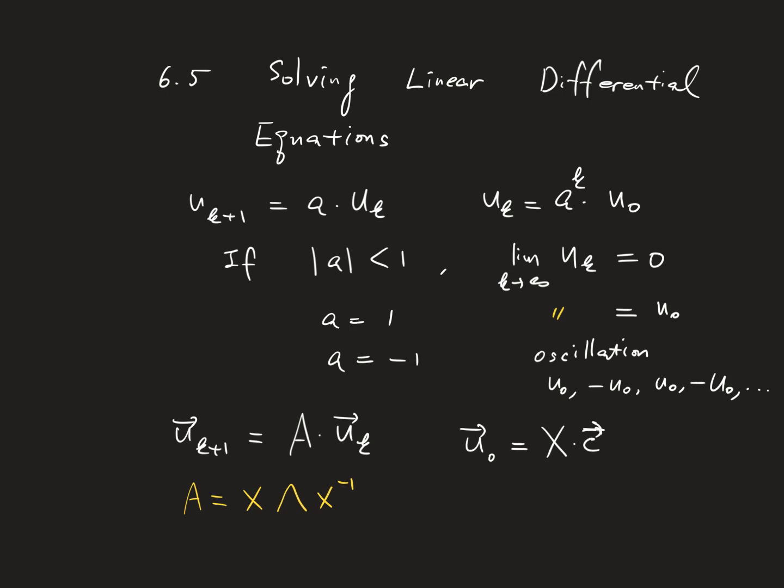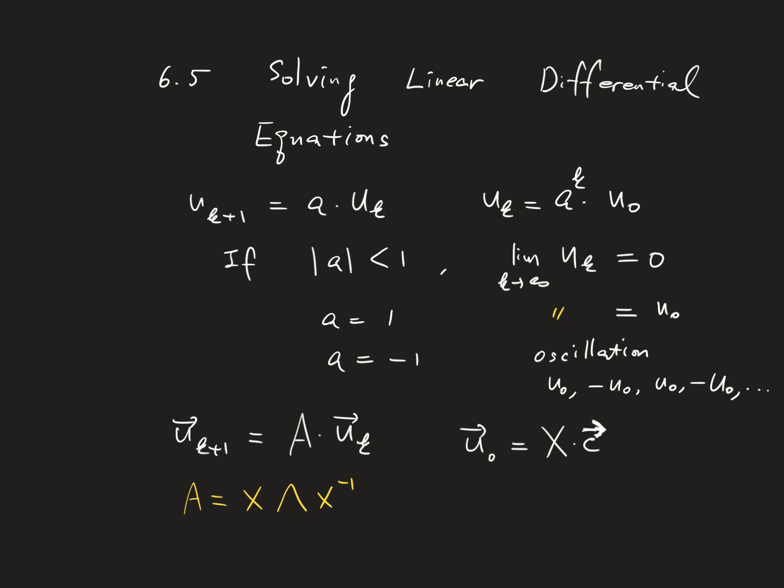You need to find the c vector, which is the coefficient when we represent the initial condition vector as a linear combination of eigenvectors, because the X matrix is an eigenvector matrix.